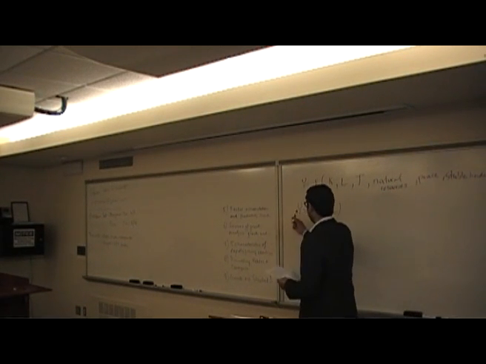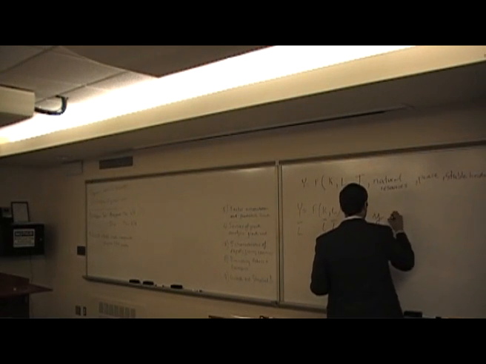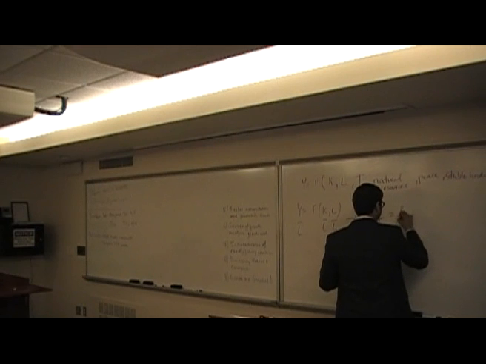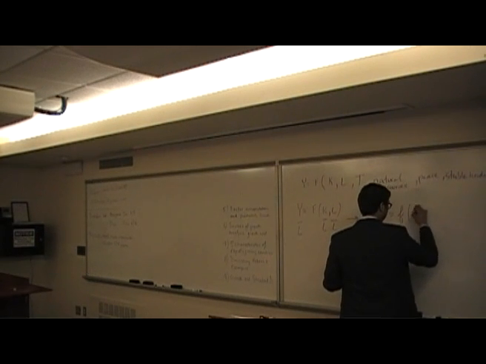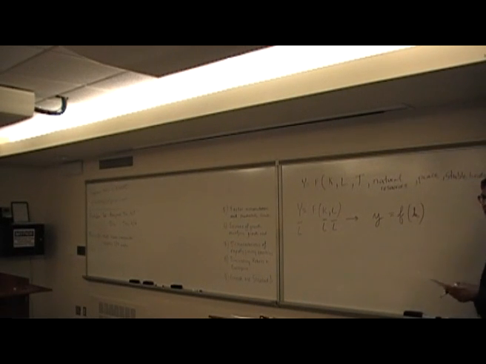So this aggregate production function becomes a per capita production function of little y as a function of little k. Little k being capital per worker or capital per capita. Little y is income per capita.